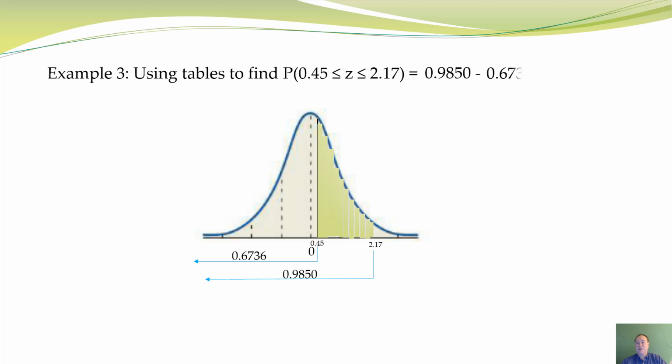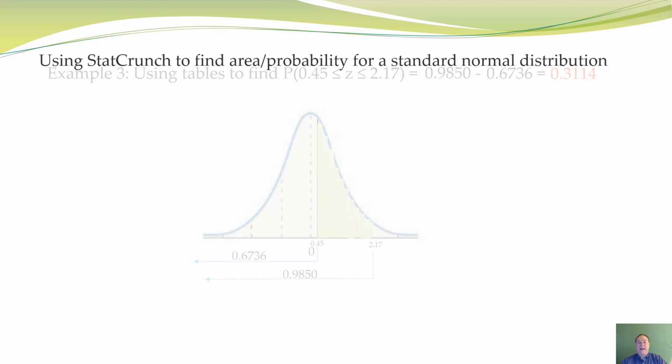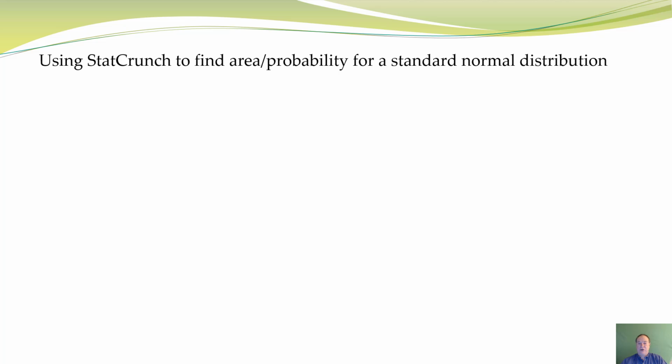So I take the difference of the two values and I end up with 0.3114 for my answer. Okay, so this is how the tables would be used to do a less than or equal to, greater than or equal to, or between. Okay, now let's look at using StatCrunch.